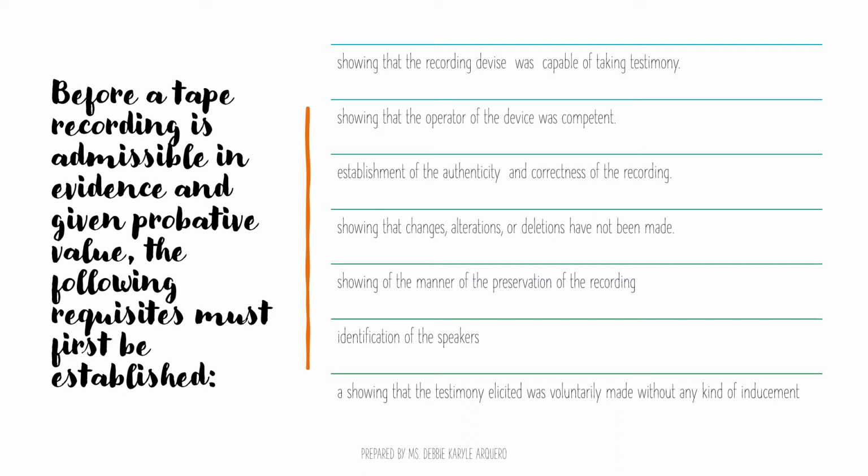First, it must show that the one who recorded was capable of taking testimony. And before a person would be qualified to testify, there are certain qualifications of a witness in accordance with the rules on evidence. I will just give you a glimpse of the qualification.